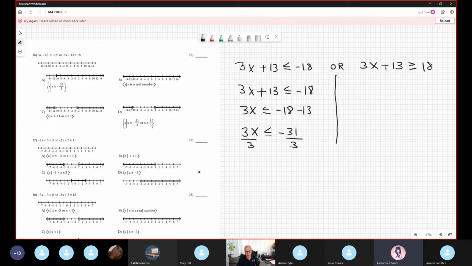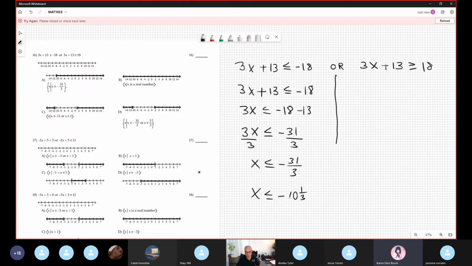And when you divide by a positive number, this sign stays. 31 divided by 3 is 10 1/3. It's minus 10 1/3. I put it in the calculator.